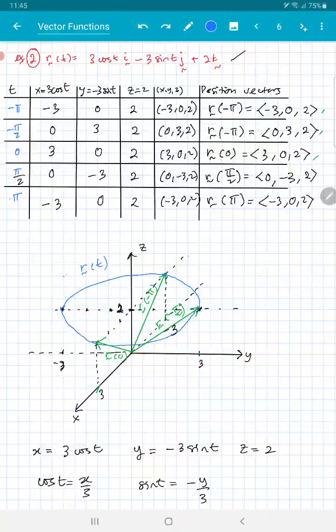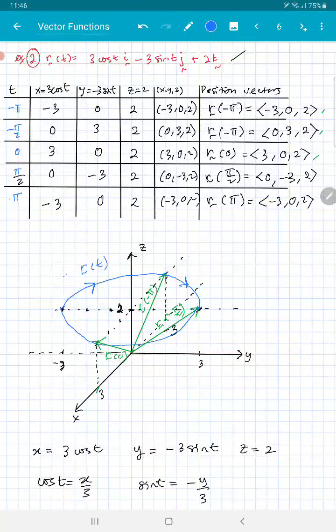So from there you can see that the direction of t would be clockwise. The direction of our vector valued function would be clockwise, like so.